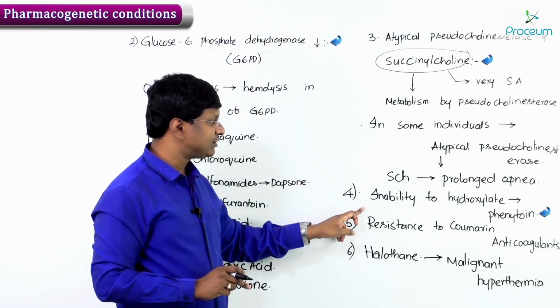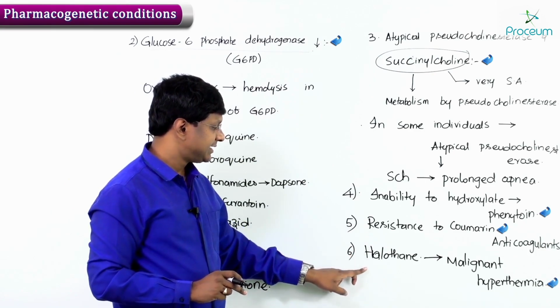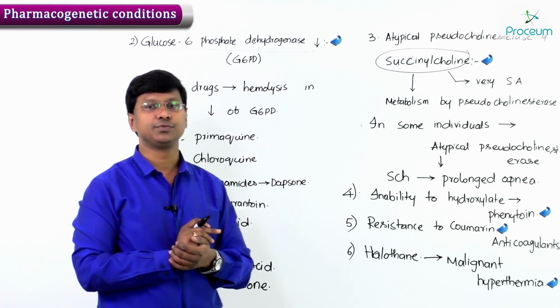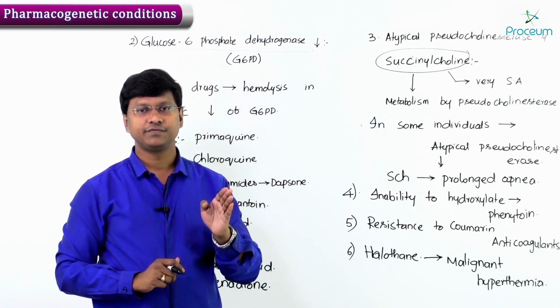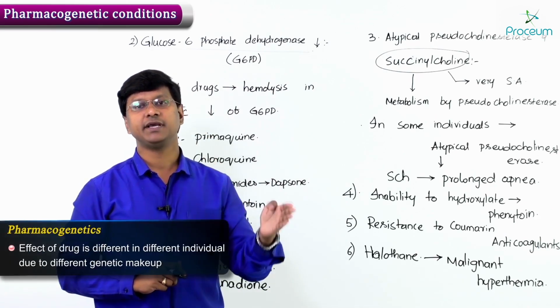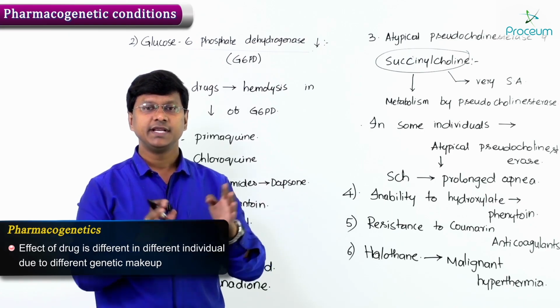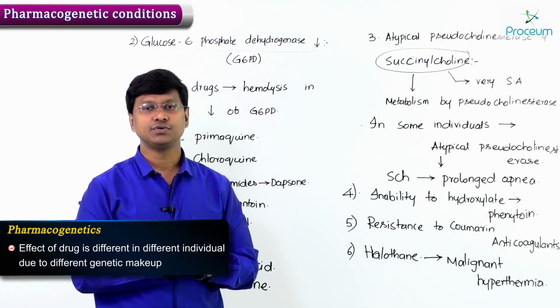Fourth, inability to hydroxylate phenytoin. Fifth, resistance to Coumarin anticoagulation. And the sixth is halothane producing malignant hyperthermia in certain individuals. So remember, because of different genetic makeup, there will be different effects of the same drugs in different groups of individuals. That is what is called pharmacogenetics.